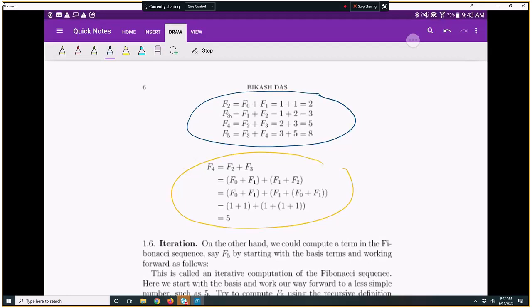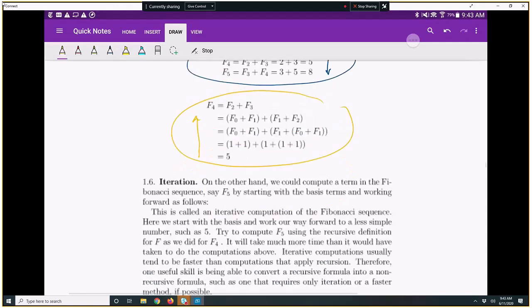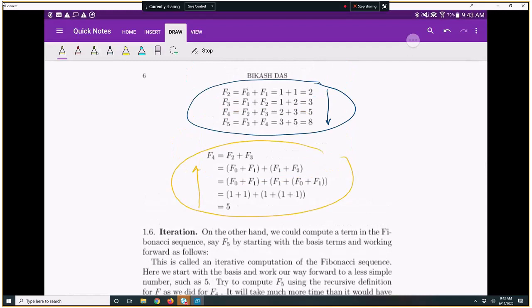Then f3 is equal to f1 plus f2. So 1 plus 2 is 3. And in this way, I'm sort of going up instead of coming down. So this will be called the iterative computation of the Fibonacci sequence.